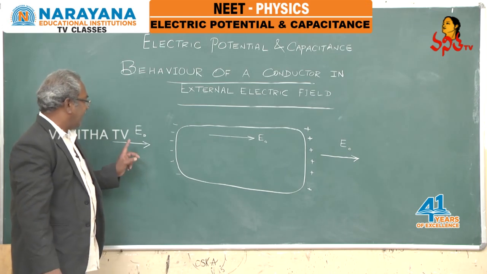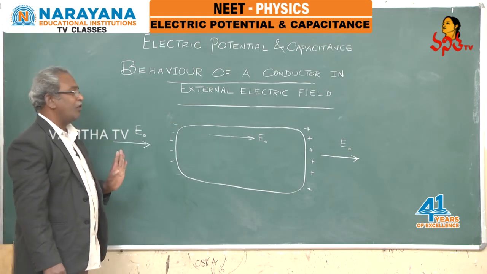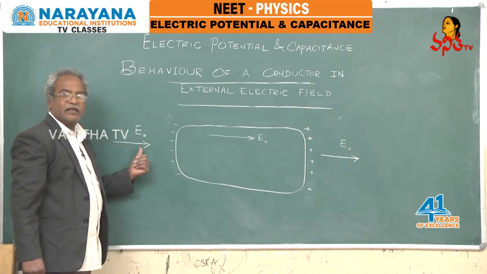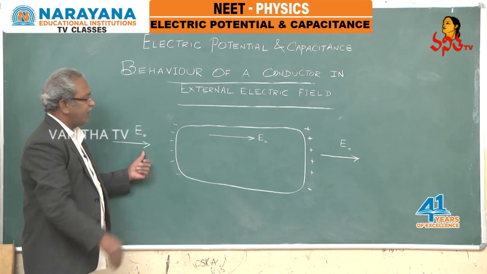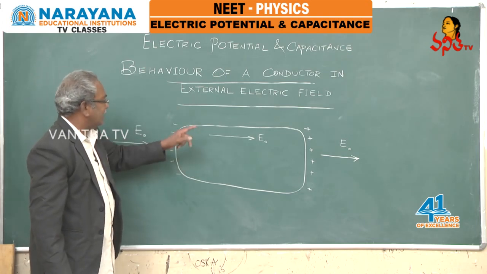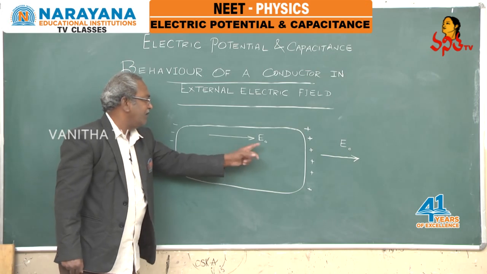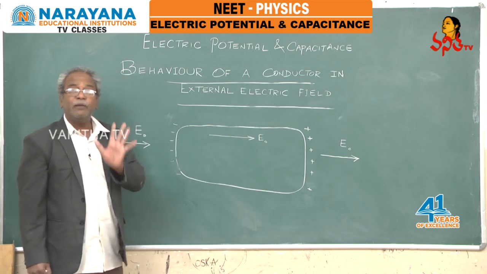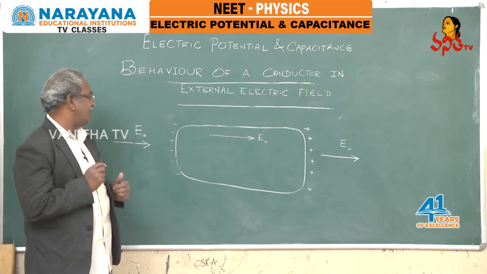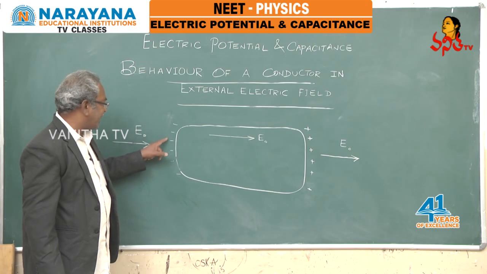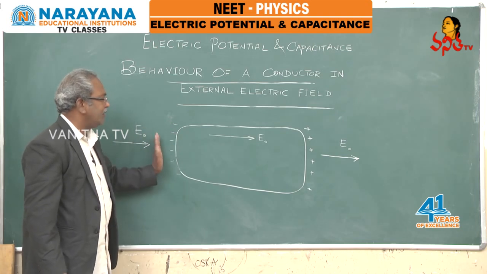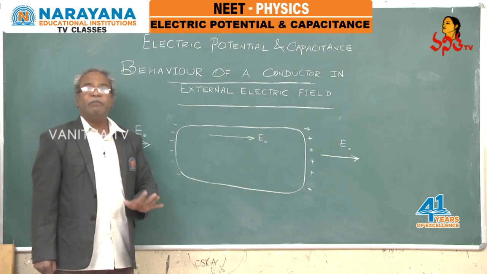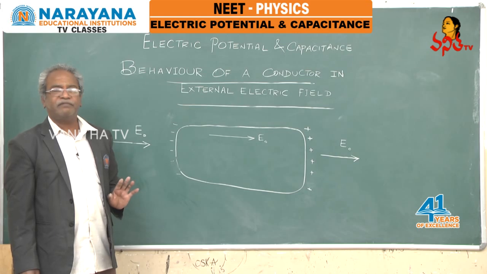Because of this external electric field E naught acting towards the right, inside the conductor the external electric field will be E naught. But because of the free movement of charges, there will be induction of negative charge on the conductor here and positive charge over there.